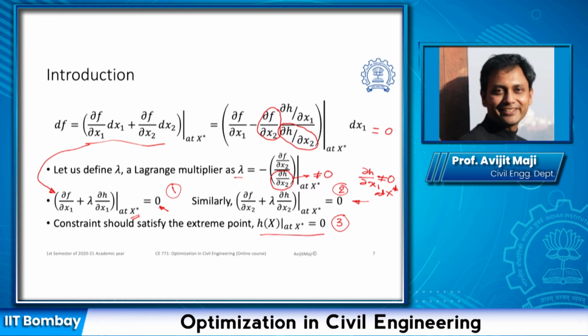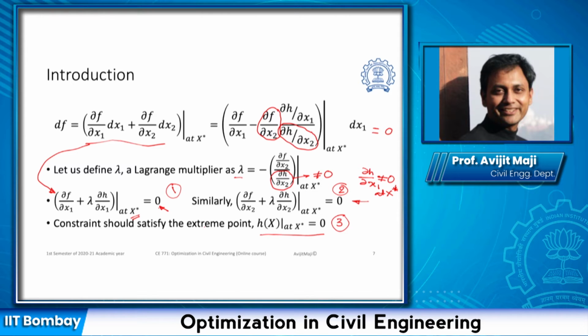So these are the conditions which we must follow to find the extreme point, and it should satisfy the condition on the partial derivative of the constraint with respect to the variable we are choosing.